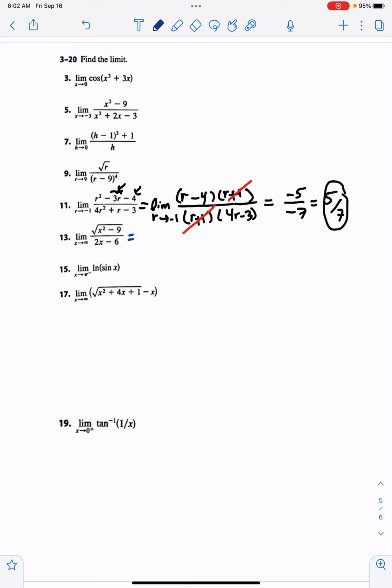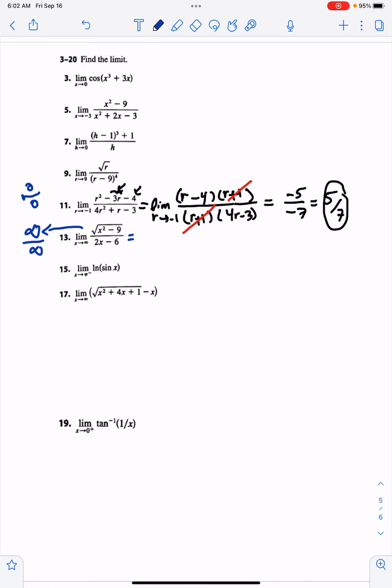Square root of that is huge, so it's infinity. And then 2 times a huge number is huge, and then minus 6 is huge, so it's another infinity. So infinity over infinity, like 0 over 0, is indeterminate. You need to get rid of that.